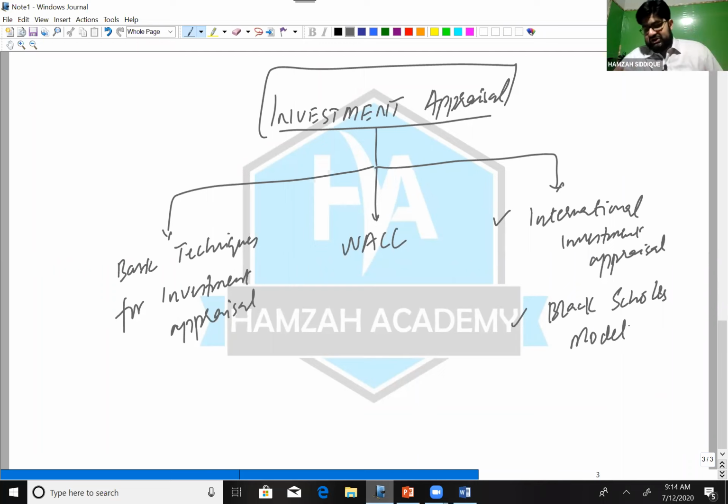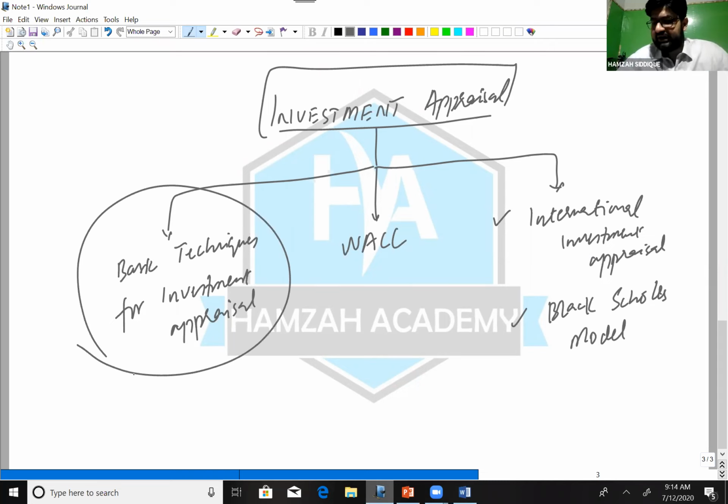So three major subsections in this area. Let us start with the basic investment appraisal techniques.